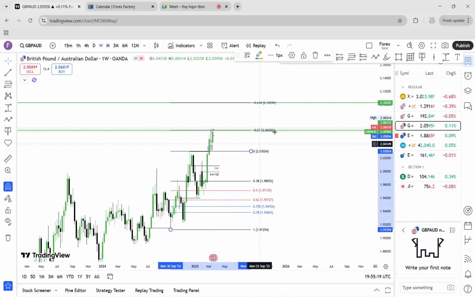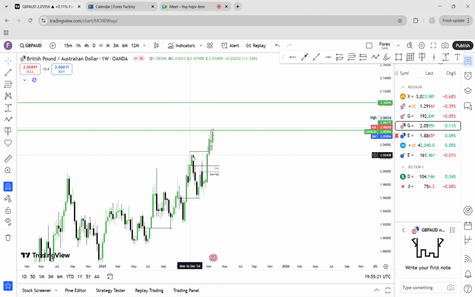So which means price has broken this structure right now. So pulling back into this area, we now seek negative 27 and 618, I mean to say.